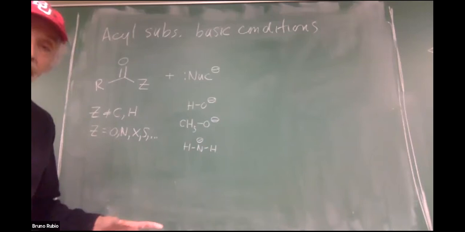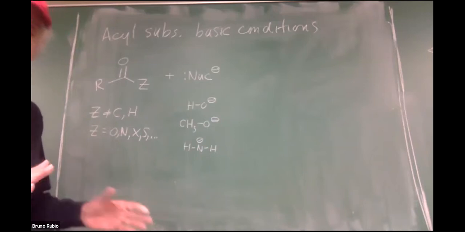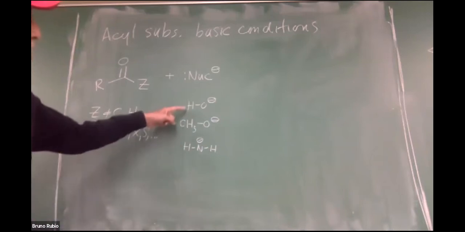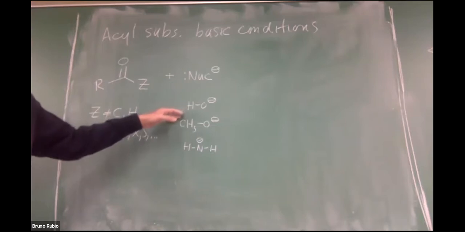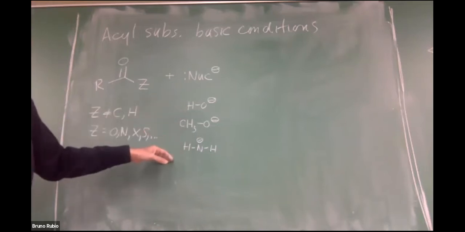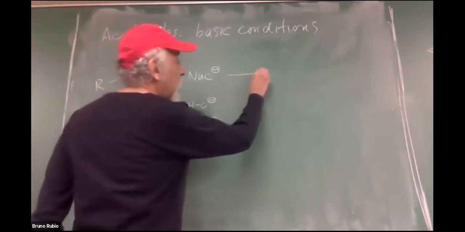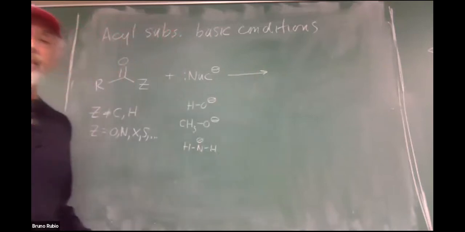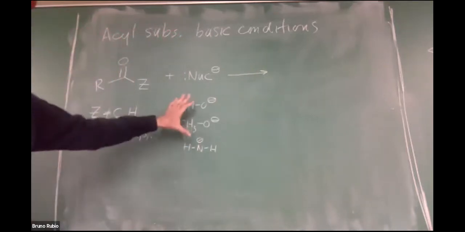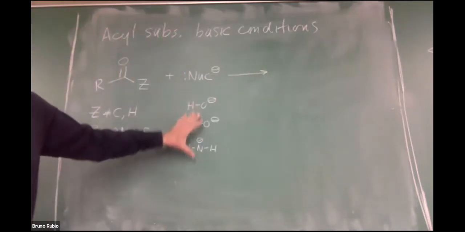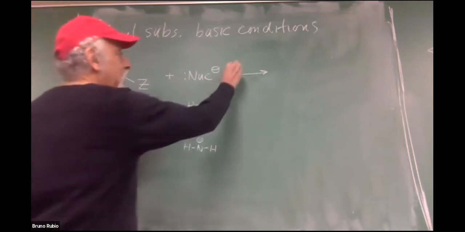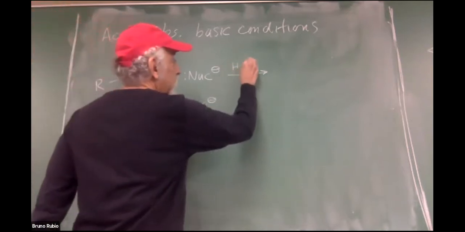The solvent, and the solvent here is going to play an important role, is going to be the conjugate acid of the nucleophile. So that these two guys, these are the guys that react, but the solvent also present in the reaction mixture will be the conjugate acid of the nucleophile. In other words, HNu.